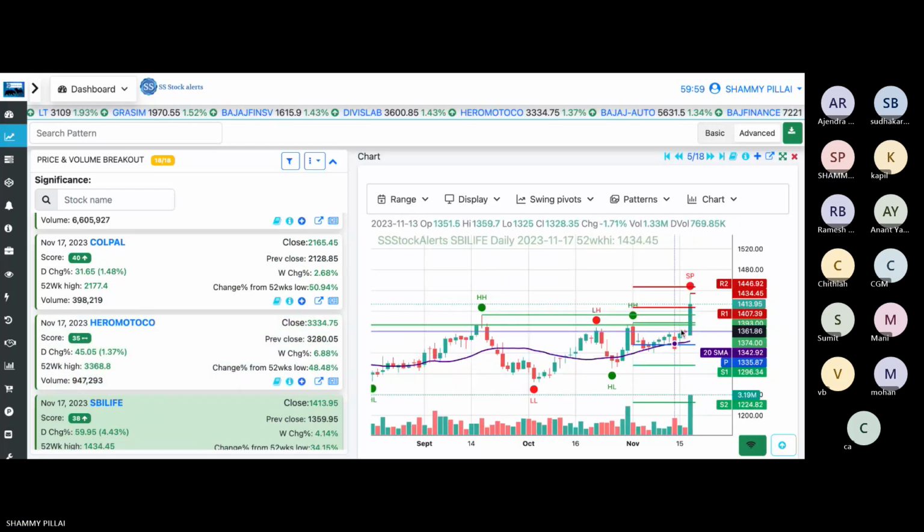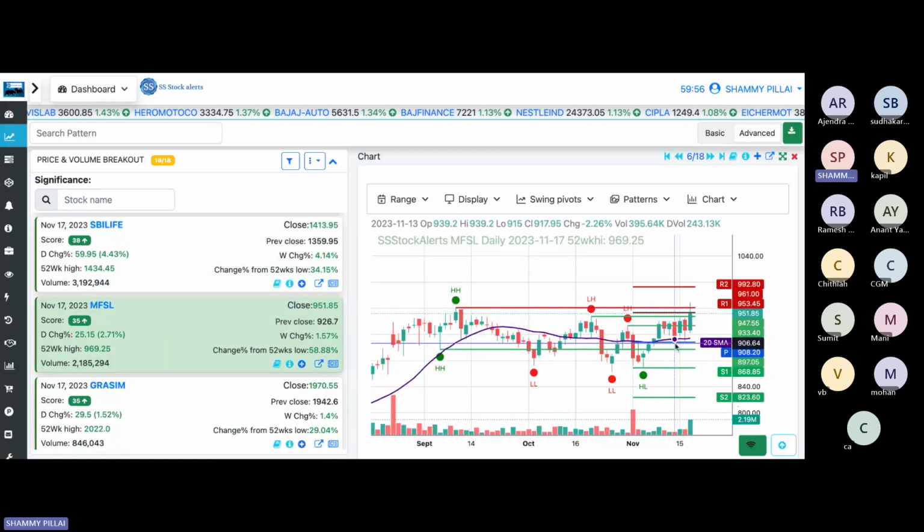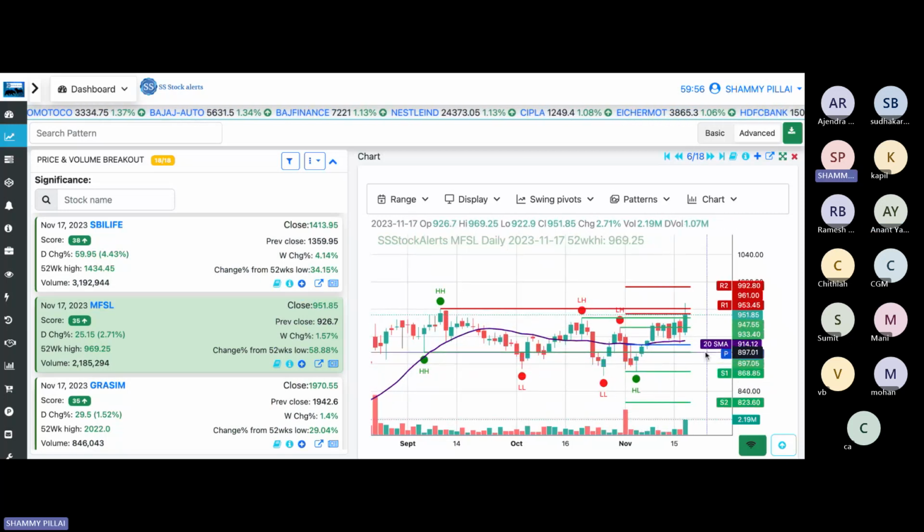SBI Life. Breakout, came back to pivot, hung over this 200 SMA, never gave pivot upside. 1335, 100 points up. MFSL, strongest, came back. This is the pivot, 908. Look at the pivot, never came back to pivot. Still trading in the range, 20 SMA.